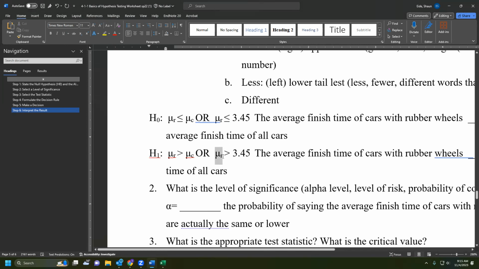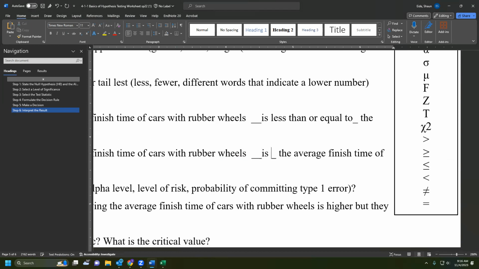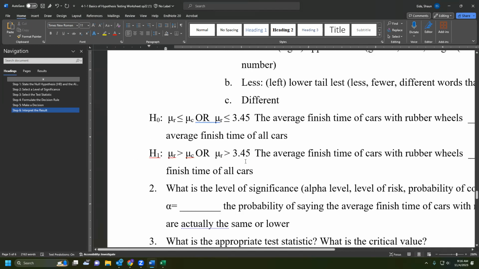The average time for cars with rubber wheels is greater than 3.45, the average finish time for all cars.